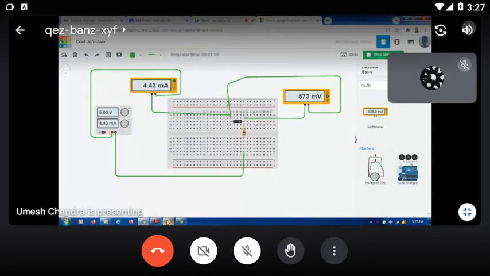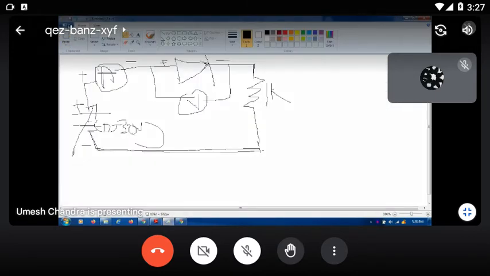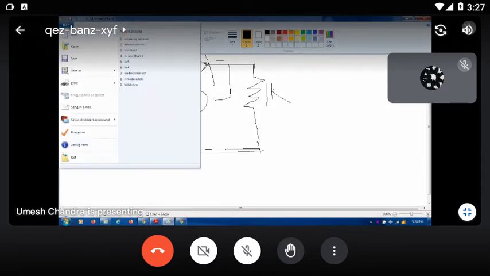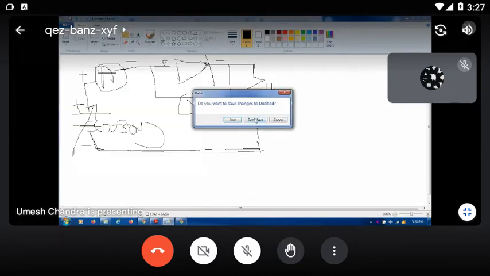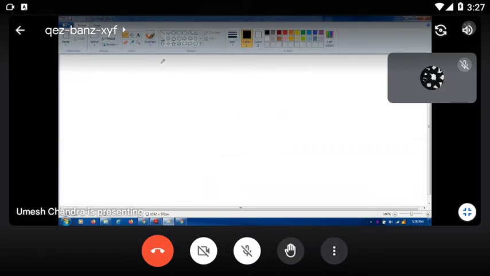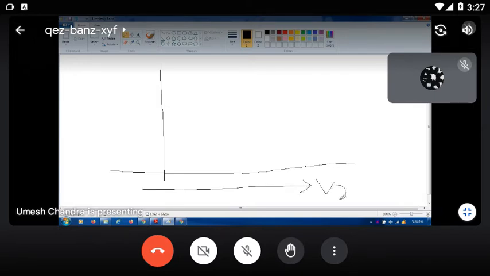Then how do you plot the graph? You take the simple normal graph paper, and on this axis you take voltage, and on this axis, current in milliampere.